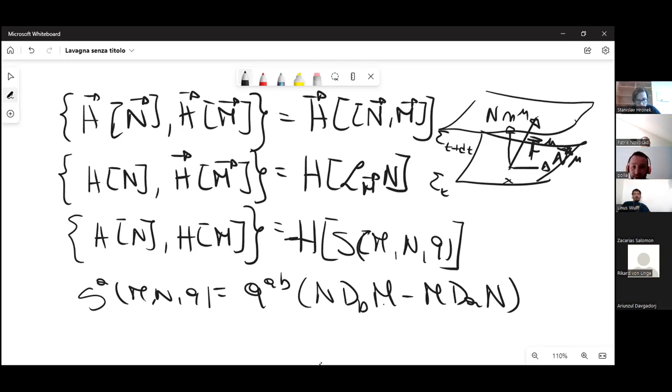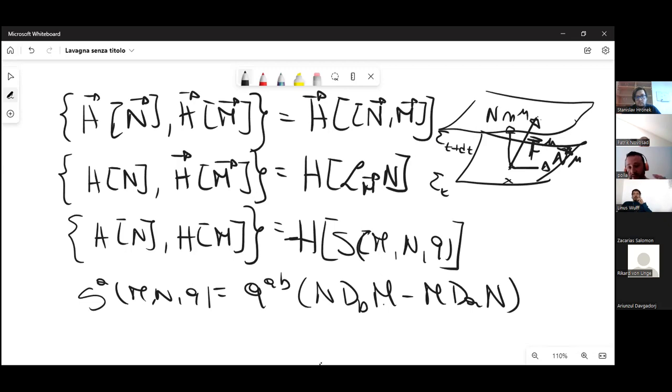Actually, the drag along this T mu between two time separated surfaces but space equivalent actually gives this Hamiltonian constraint.